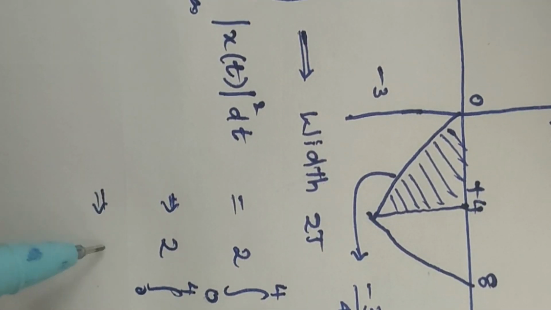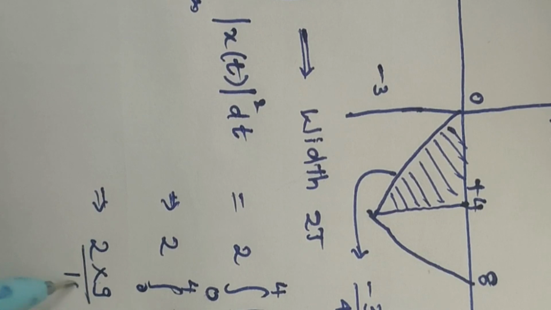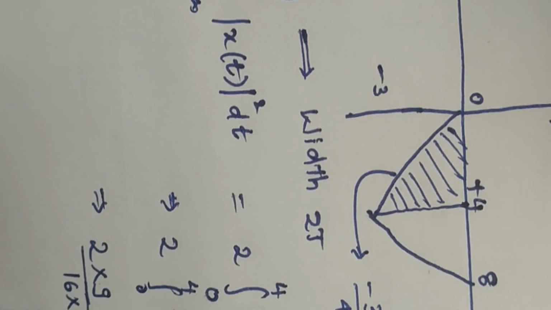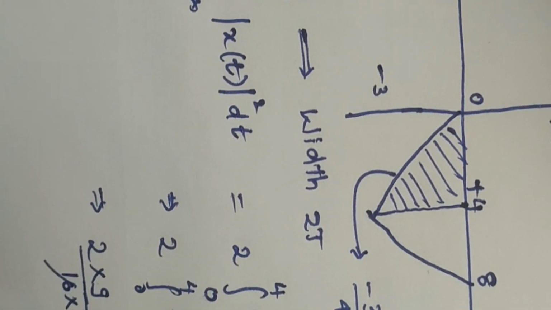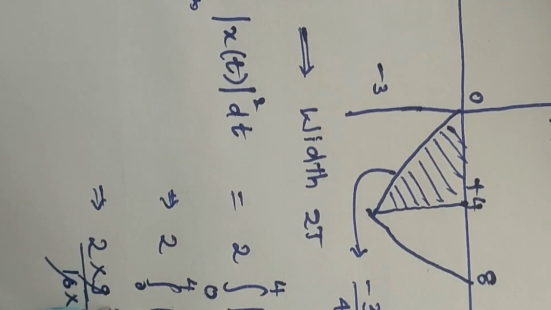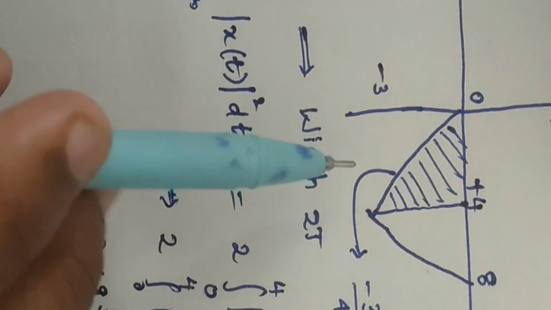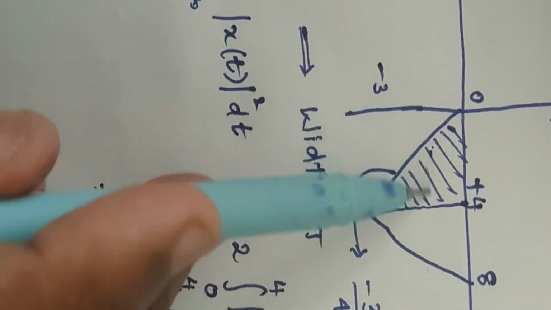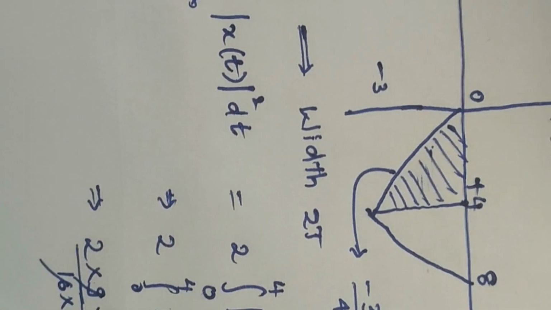Now you can write it as 2 times 9 by 16 into 3, 4 4s are 16, 16 4s are 64. This goes 3 times. So you will get the answer as 24 joules. Here the concept is that energy we can find by calculating half of the triangle area and making it twice.